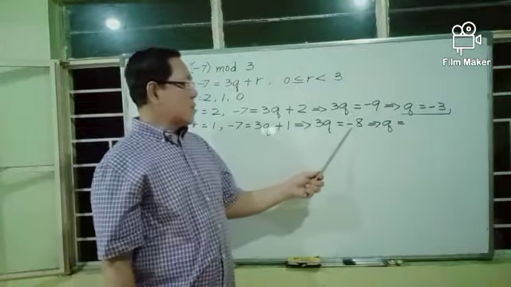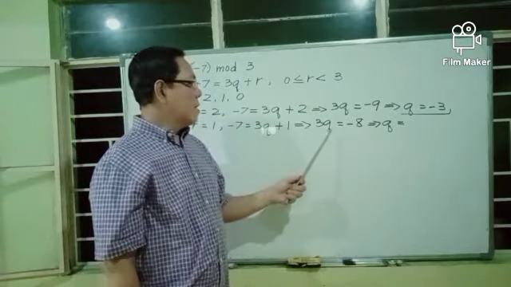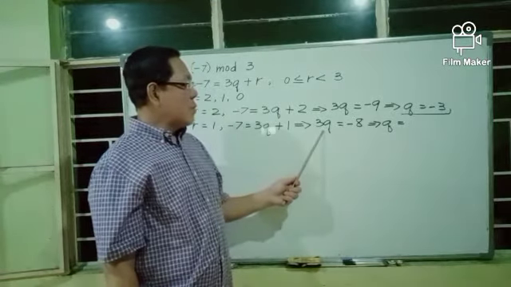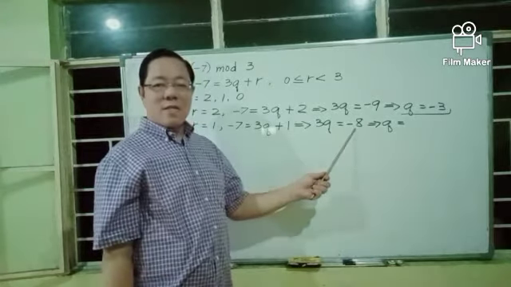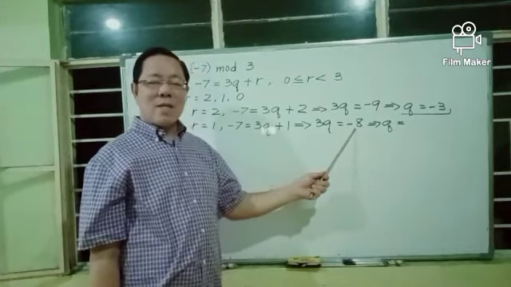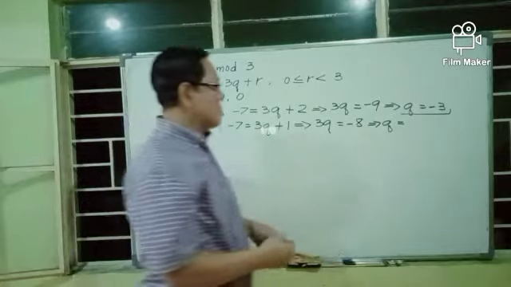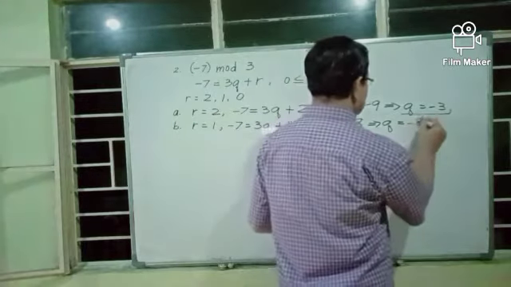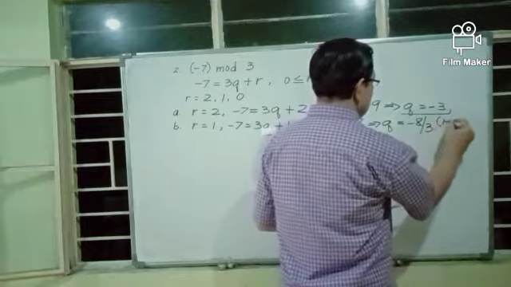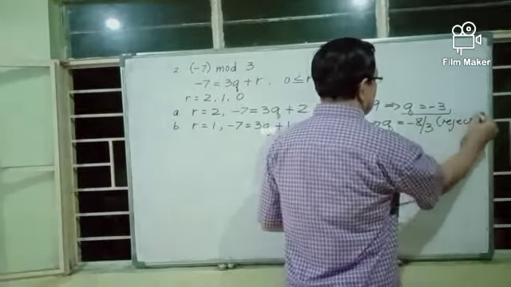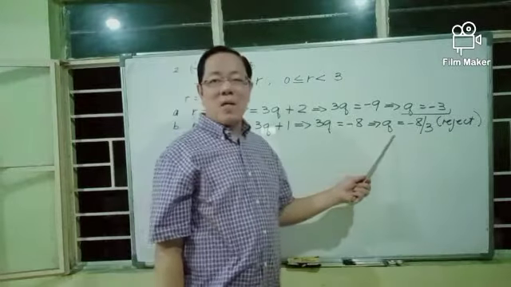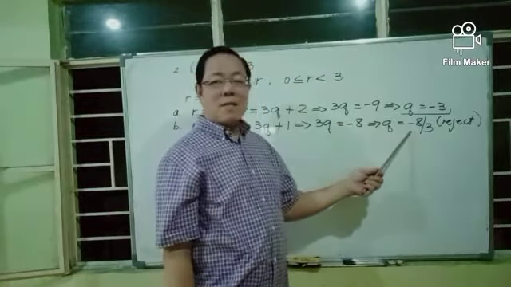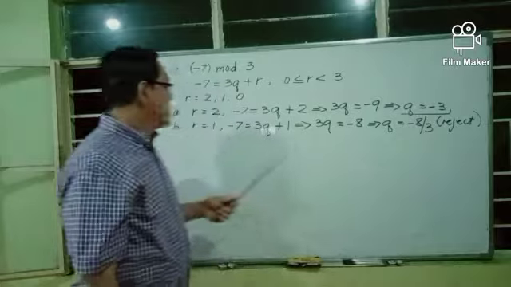Dividing both sides of this equation by 3, we get q equals negative 8 over 3. We reject this particular value of q because it is not an integer.